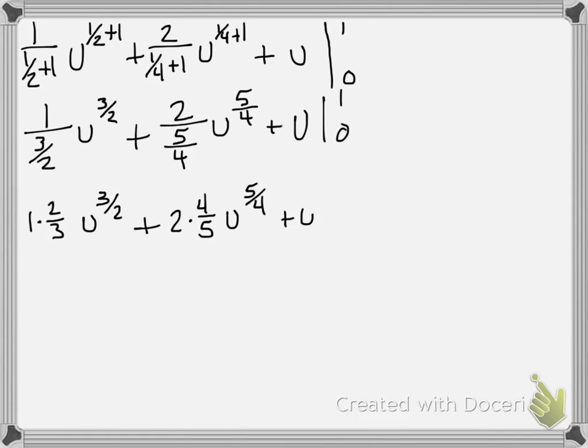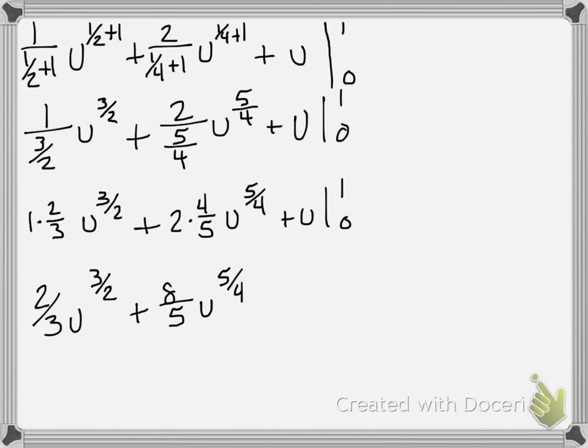And just keep our u. And so we're going to have 2/3 u to the 3/2 plus 8/5 u to the 5/4 plus u, being evaluated from 0 to 1.